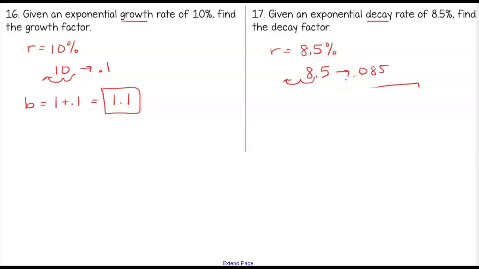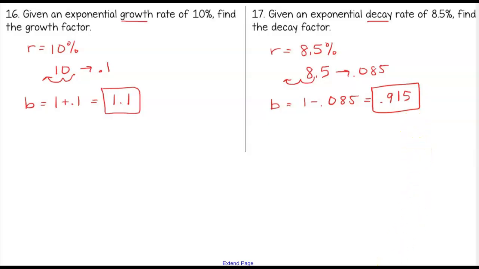Now, what would be the decay factor in this case? Remember, since it's decaying, you have to subtract. Alright, that's going to be 0.915. Okay, we're going to do 1 minus 0.085, and that's going to get you 0.915.